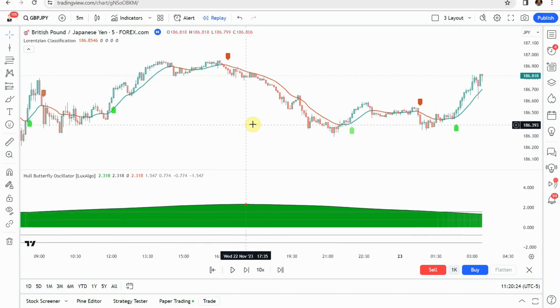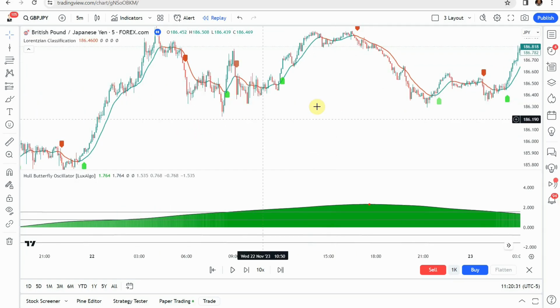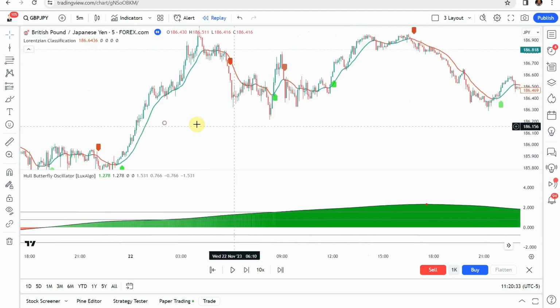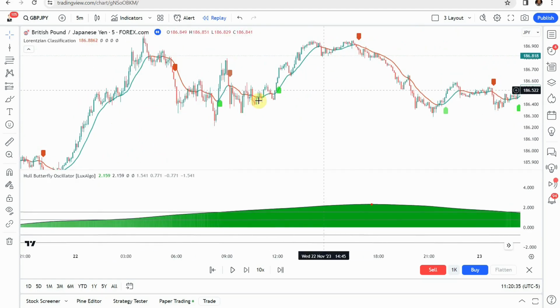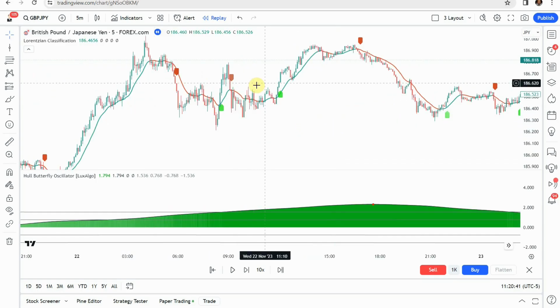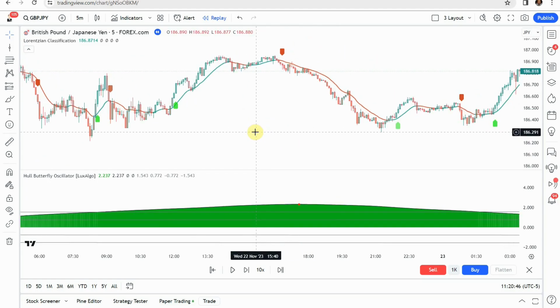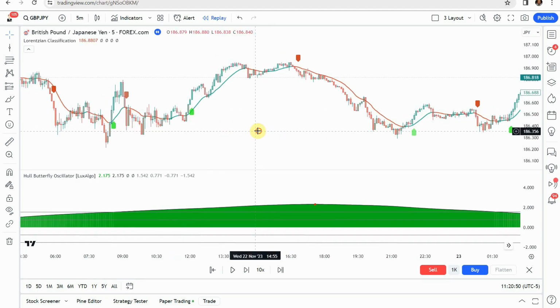So complication doesn't equal efficiency, and that's kind of what this one did. These signals are so few and far between that you will go a significant period of time never taking a trade, and then every now and then you'll get a trade. With that being said, I think it's a decent trend trading strategy. Couple that with the Academy of Forex strategy, which is a reversal strategy for the most part, and you could really clean up nicely on the profits.